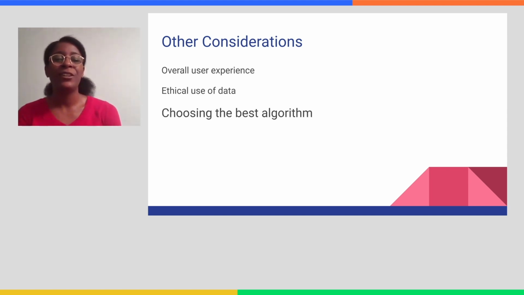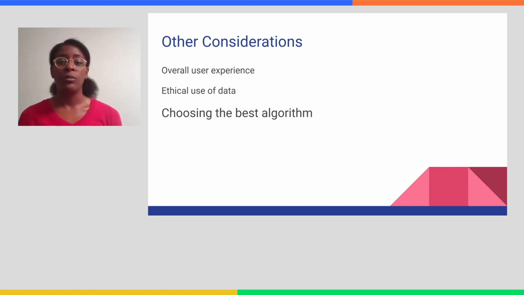And then this is a question that comes up a lot in machine learning: what's the best algorithm? Well, there really isn't a best algorithm overall. It depends on your application. So for example, with this, we were just trying to predict whether a user will finish a game or not.